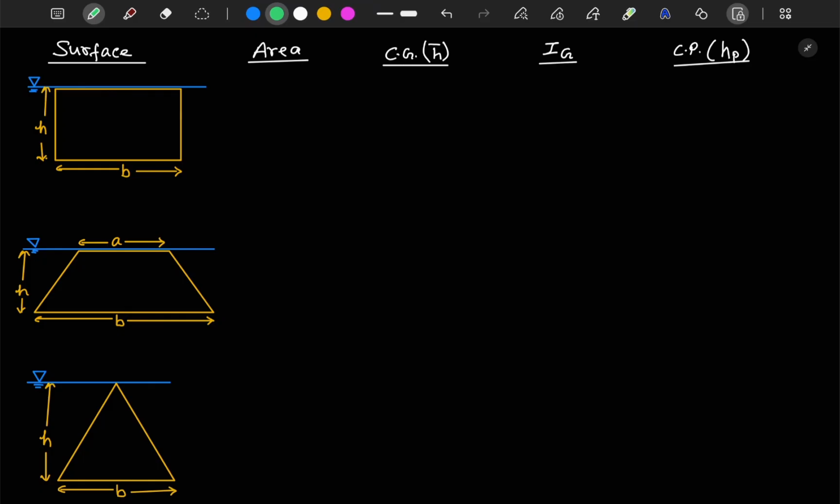For a rectangular surface, the area is b times h, the center of gravity h bar is h by 2, Ig is b h cube by 12, and Cp is 2h by 3, because the pressure variation is triangular, and the centroid of a triangle is at a distance 2h by 3 from the top.